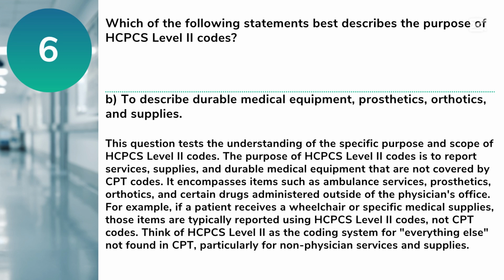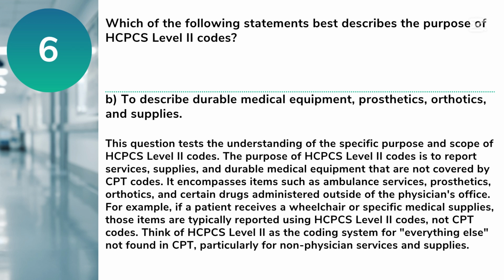Answer: B. To describe durable medical equipment, prosthetics, orthotics, and supplies. This question tests the understanding of the specific purpose and scope of HCPCS Level 2 codes. The purpose of HCPCS Level 2 codes is to report services, supplies, and durable medical equipment that are not covered by CPT codes.